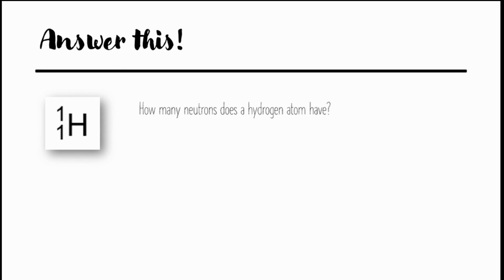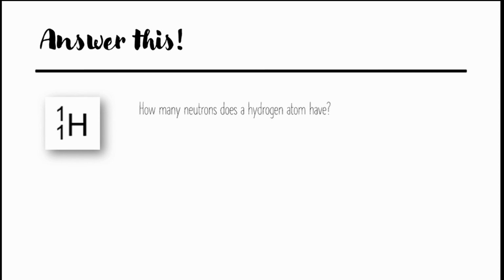I'm sure you can answer this. How many neutrons does a hydrogen atom have? This one is the neutral atom. How many neutrons? Yeah, it is 0. It is 0 because the 1 in here represents the number of protons or atomic number and also the number of electrons since this atom is neutral, and the superscript 1 represents the mass number.